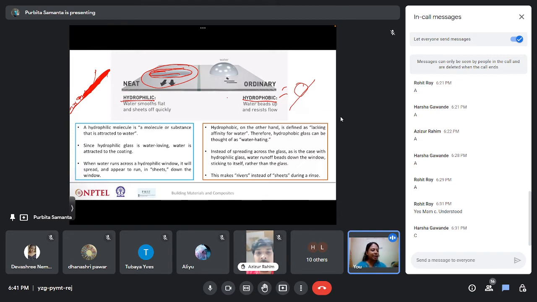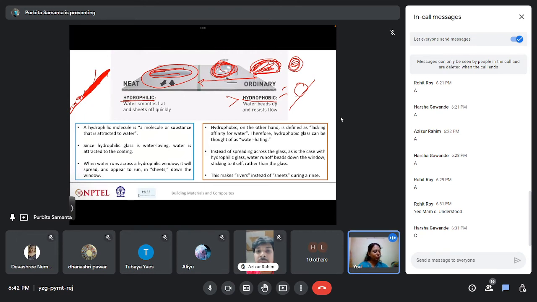Now, hydrophobic glass can be of two types: super hydrophobic glass and ordinary hydrophobic glass. Here you see a hemispherical kind of droplet is formed. But if it's super hydrophobic, then spherical water droplets are formed. So instead of spreading across the entire glass, as on hydrophilic glass, on hydrophobic glass it forms beads, or droplets, and rolls down.